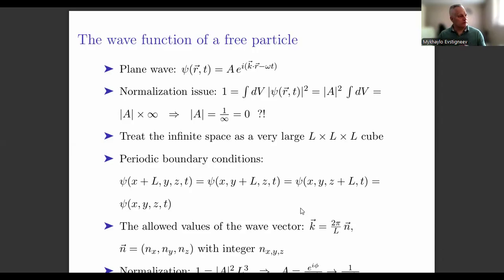And then, after all is said and done, after all the calculations which involve this plane wave function are performed, we will take the limit L goes to infinity. And it turns out that the result is independent of the size of the cube.